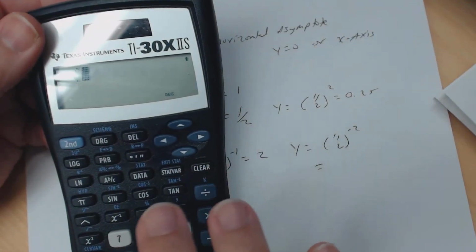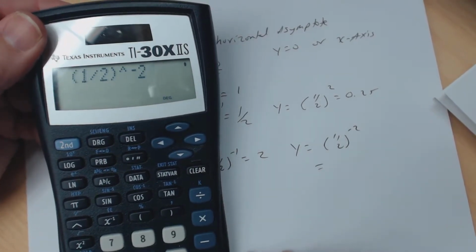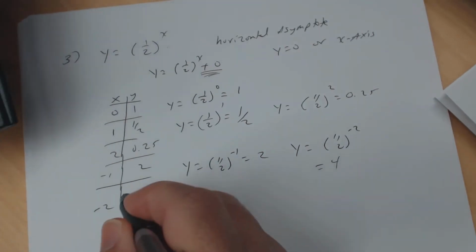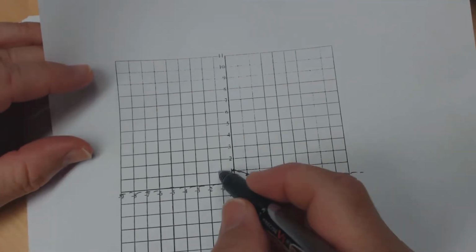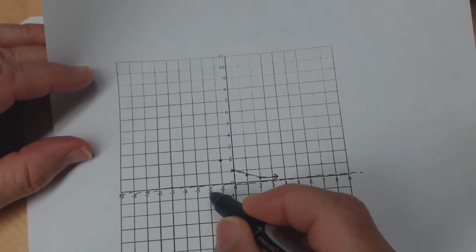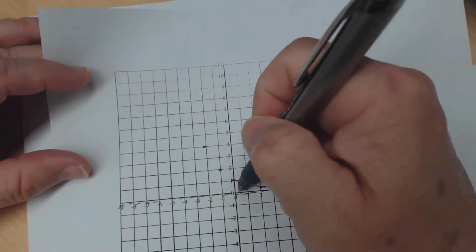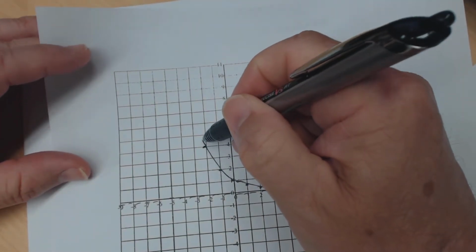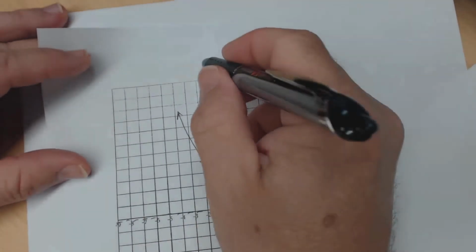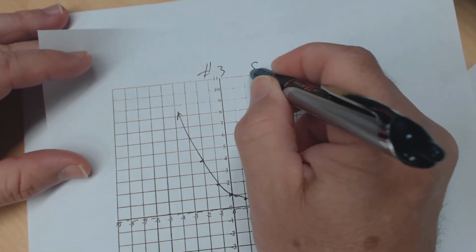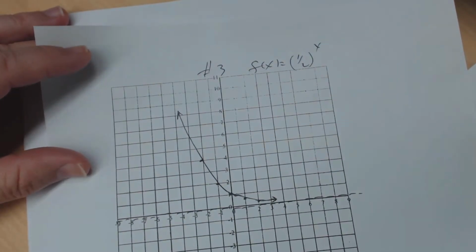So when I do 1/2 raised to the -2nd power, I get 4. Now, let's see what that looks like. So -1, 2 is here. -2, 4 is here. And then I just connect them and make it look like an exponential function. And that's all you do. So this is number 3. That's a graph of f of x equals 1/2 to the x power.